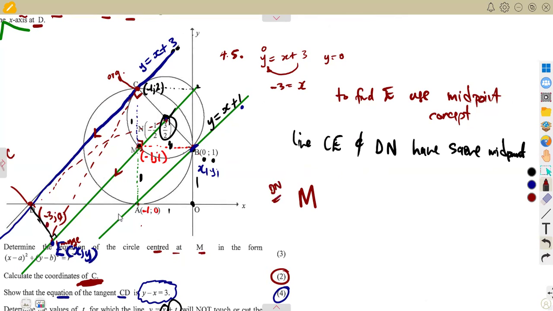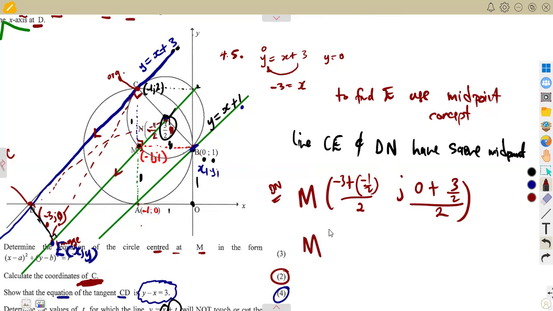Remember, at D the x value is -3, plus at N the x value was -1/2, so this is -1/2 divided by 2. You do the same thing for y. The y value at D is 0, plus the y value at N, which is 3/2, everything over 2.